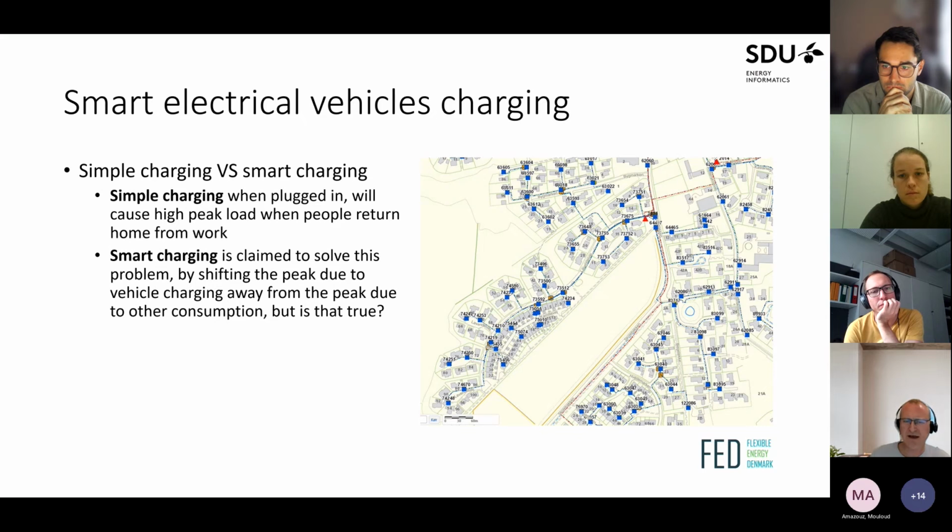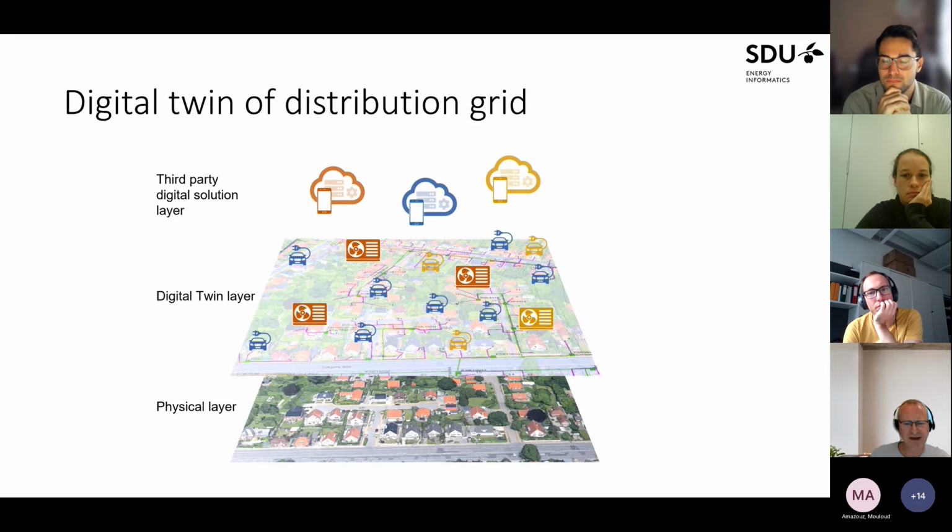And here we want to investigate the differences between doing smart charging and simple charging, because it has been stated that if you use smart charging, you would be able to level the peaks of the electricity consumption, and also to use electricity when it's considered to be cheaper. Is this a good idea or a bad idea? Well, we'll see that later on.